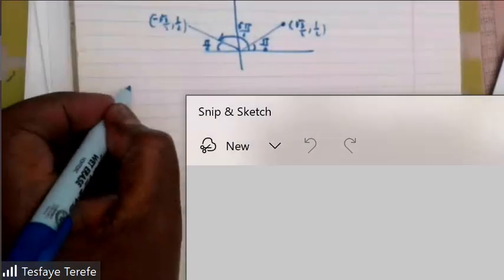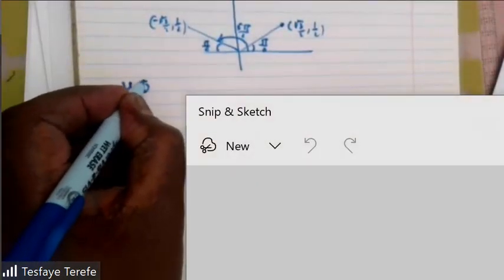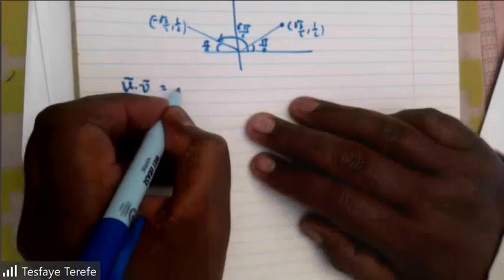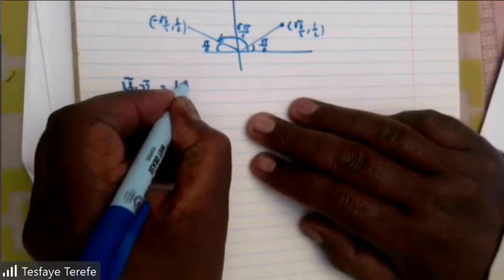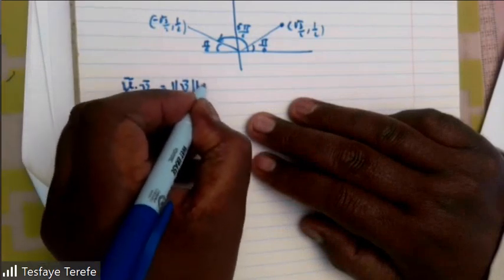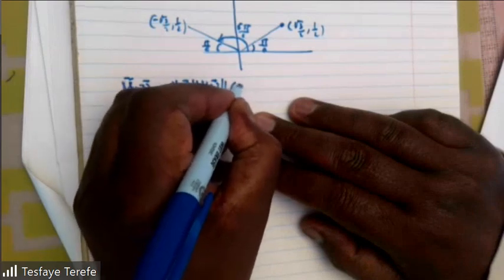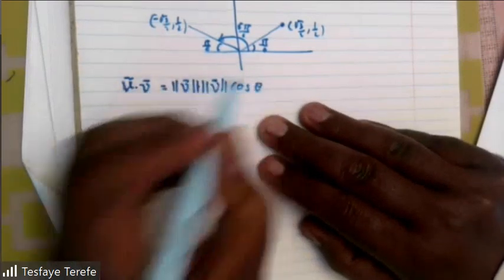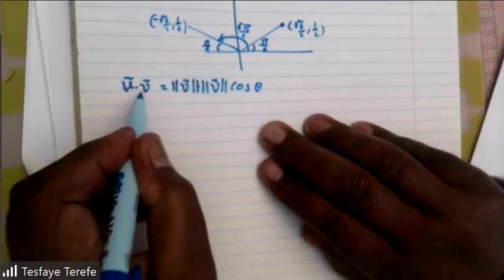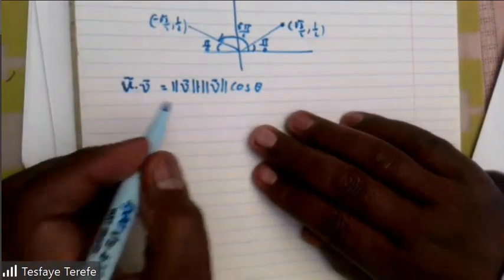In other words, look, v dot v is, by definition, the norm of v times the norm of v again, times the cosine of theta. Because v and v are parallel, the angle between them is 0.